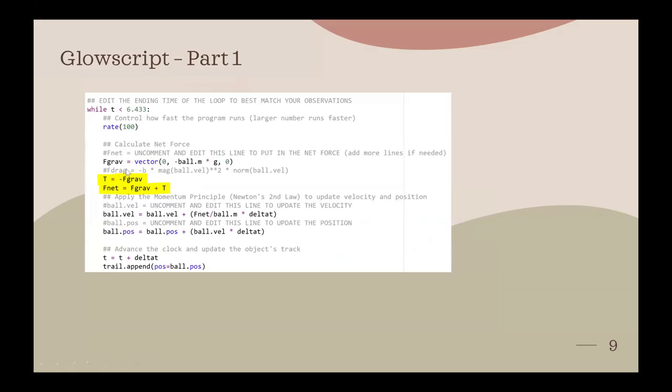So in the first section, the tension force is equal to the force of gravity because the slinky is stationary. And then I used the velocity update and position update formulas to track the movement of the bottom of the slinky, and changed the time step, delta t, up until 6.433 seconds.